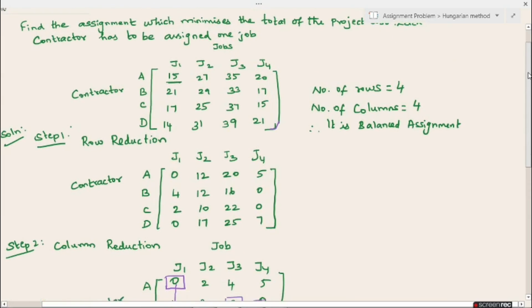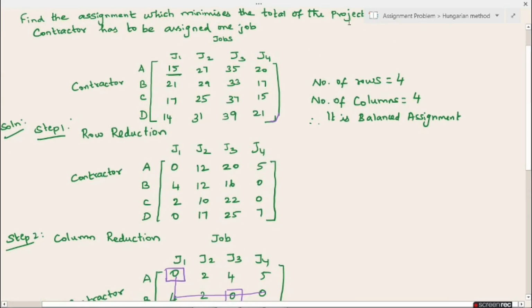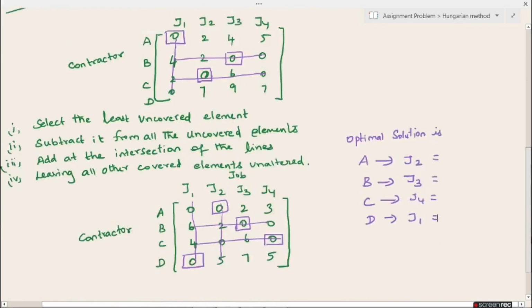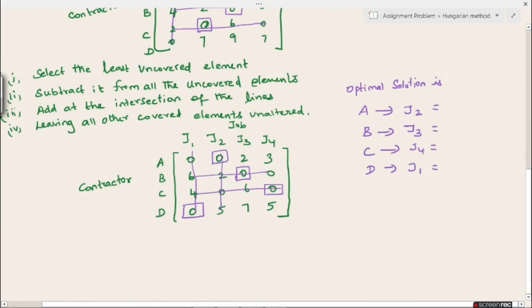So A to J2, that is 27, B to J3, that is 33, and C to J4, 15, and D to J1, that is 14. So A to J2 value is 27 and B to J3 value 33, and this is 15 and this is 17.